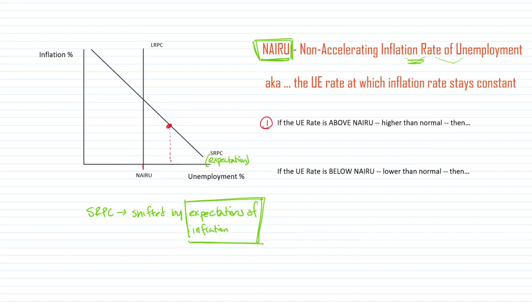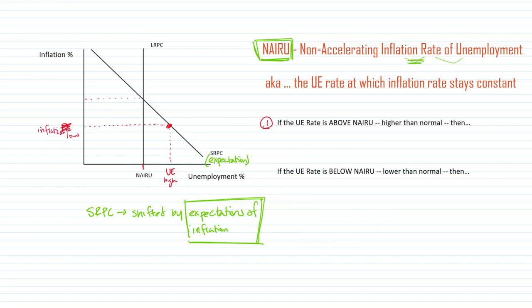We know that in the short run, an unemployment rate that is higher than NAIRU would have to correspond to a given price level, but that price level would be lower. Really, I shouldn't be saying price level, I should be saying inflation rate.